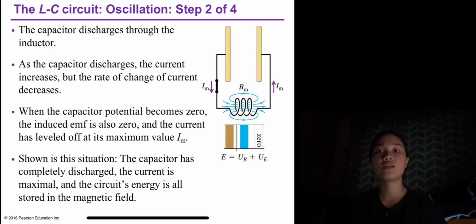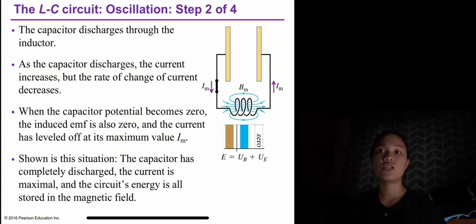So when the circuit is closed, the capacitor begins to discharge through the inductor. Charges start moving, and current begins to flow. As the current increases, the magnetic field around the inductor grows stronger.